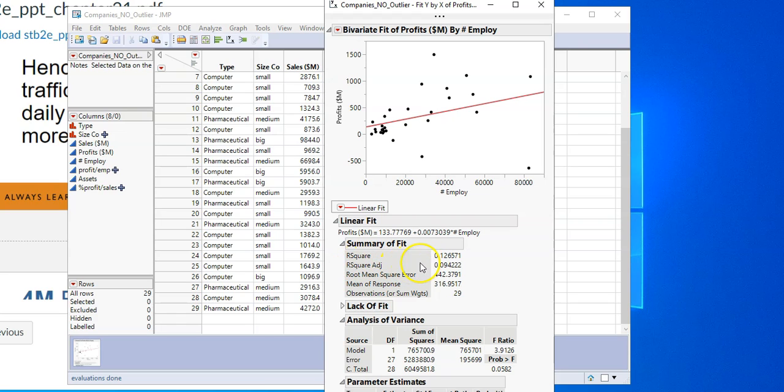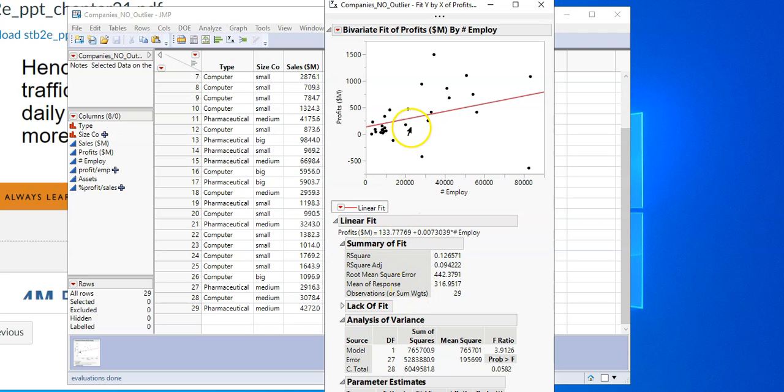What is the R-square? That's another sign here: 12%. What is a good R-square for us? More than 50%, more than 0.5. And more than 0.5 means the correlation is more than 75%. So that's a good, strong relation. That's what we are looking for.